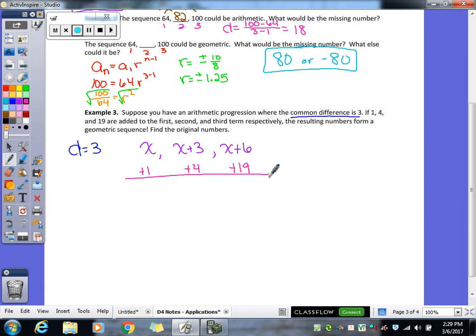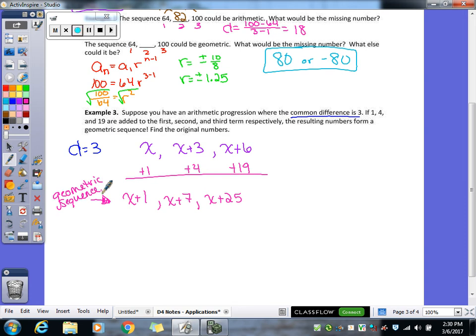Now that phrase respectively means 1 is added to the first term, 4 is added to the second, 19 is added to the third. It goes in order. So then of my geometric sequence, I would have these terms. So this is our geometric sequence.